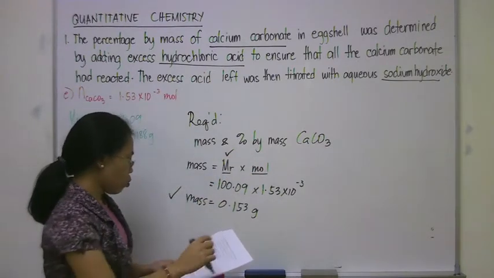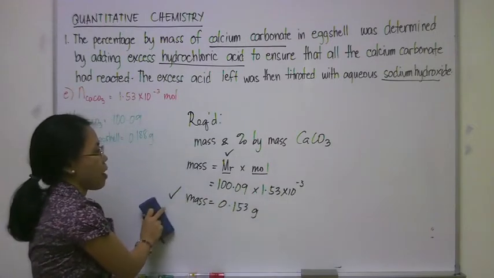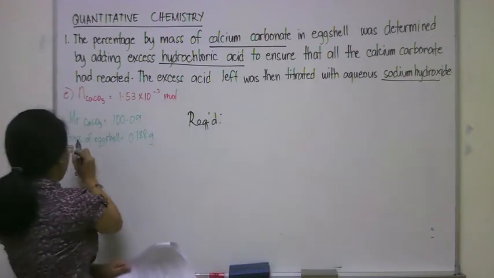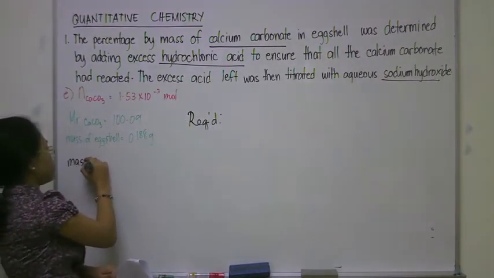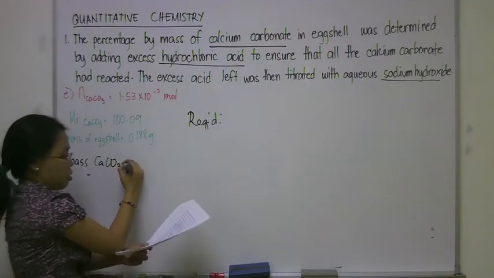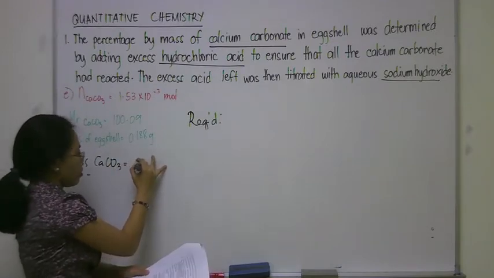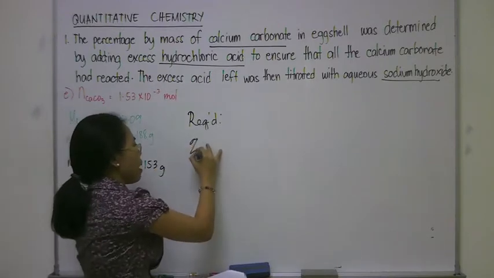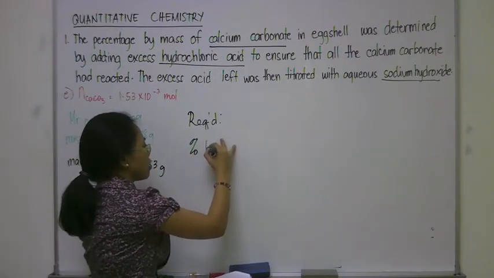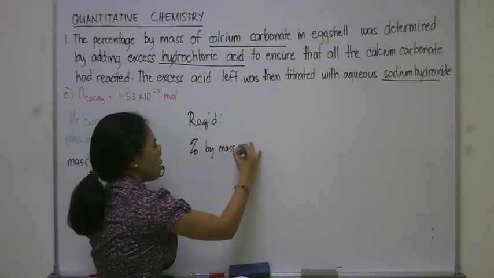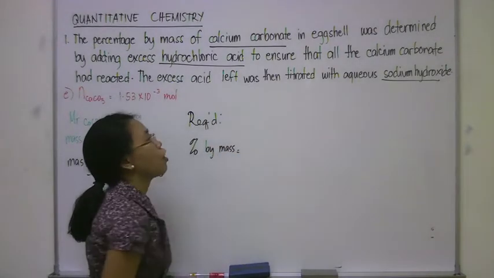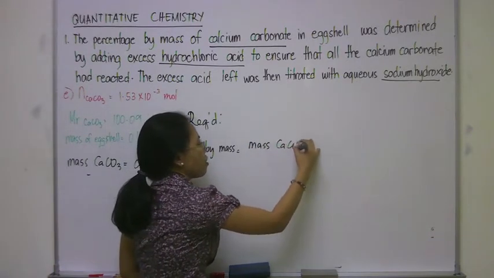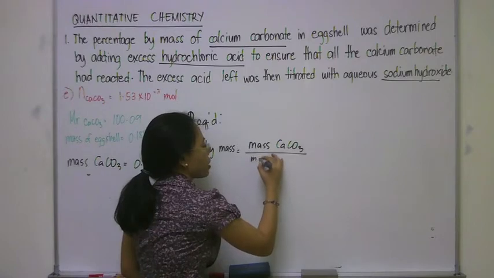Okay, next we need to calculate the percentage by mass of calcium carbonate. So we have the mass of calcium carbonate, which is 0.153 grams. Percentage by mass is equal to the mass of calcium carbonate over the mass of our eggshell.